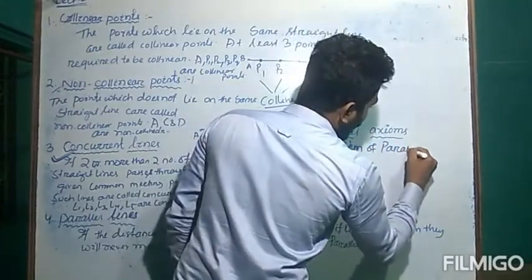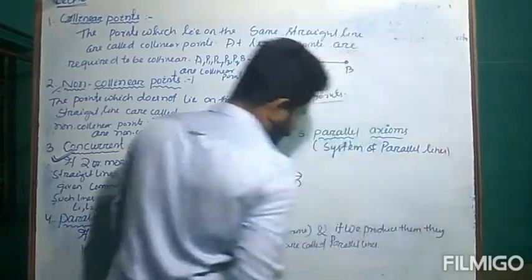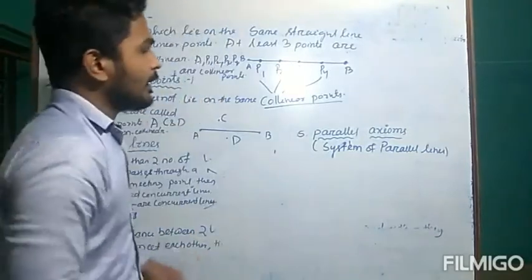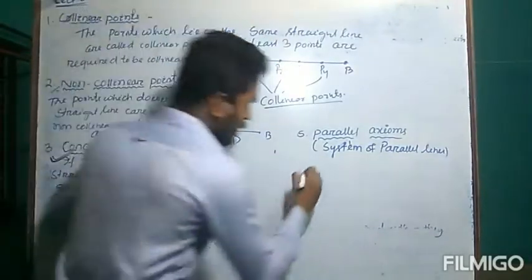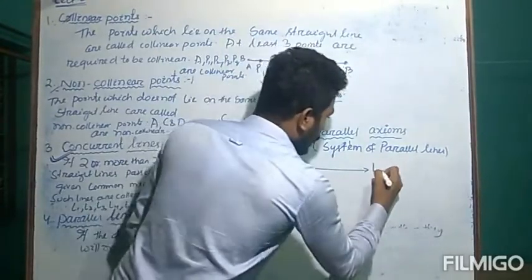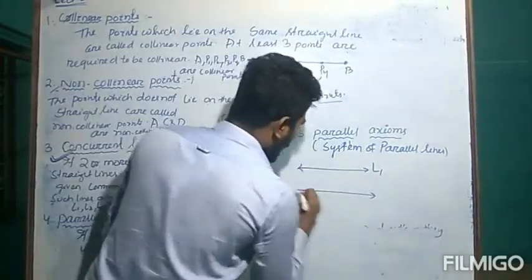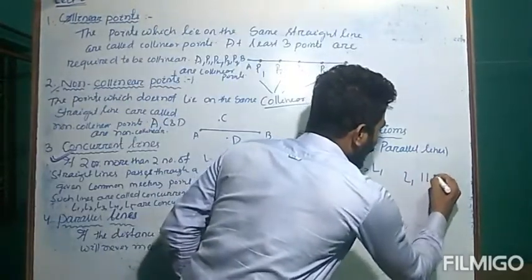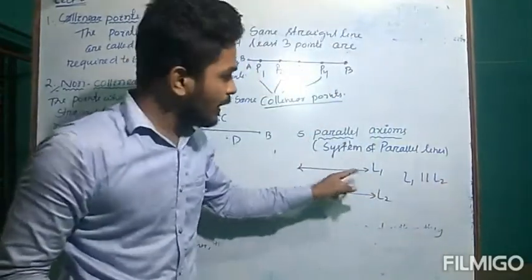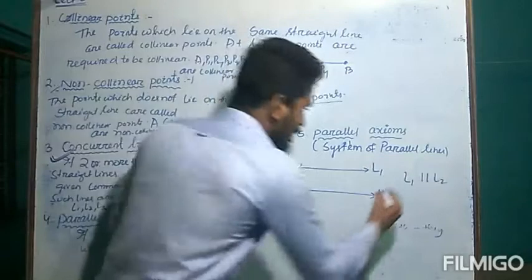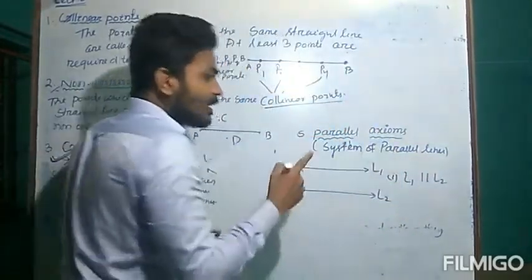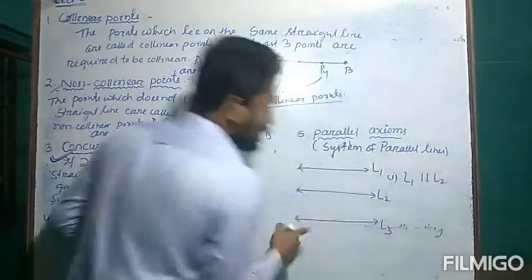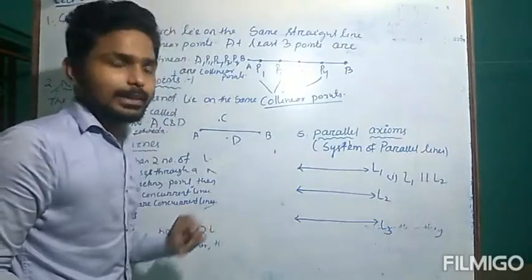System of parallel lines. So what are the system of parallel lines? If there are two parallel lines, line L1 and line L2, it is given that L1 is parallel to L2. This is the first condition. The second condition is there is another line L3 such that L2 is parallel to L3.